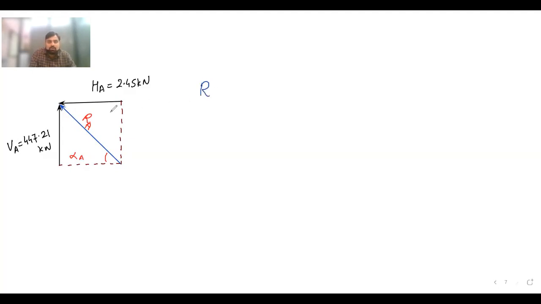Again, I can use the law of parallelogram of forces, or instead you can use the simple formula. For the resultant, the formula is R is equal to the under root of summation Fx square plus summation Fy square. So for finding this resultant RA, you can use RA is equal to under root HA square plus VA square.